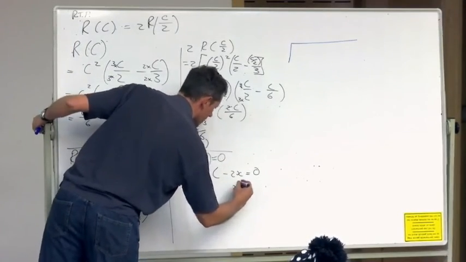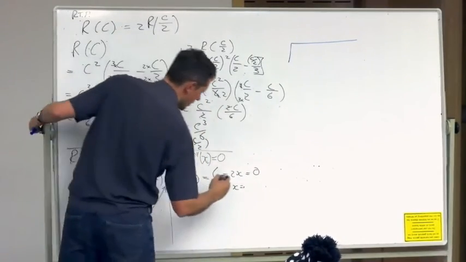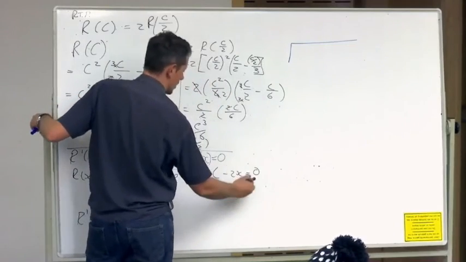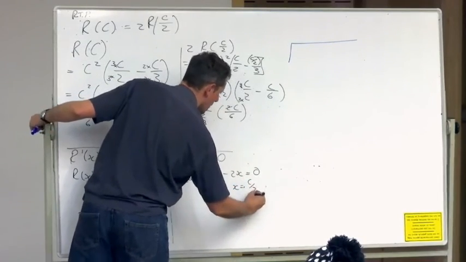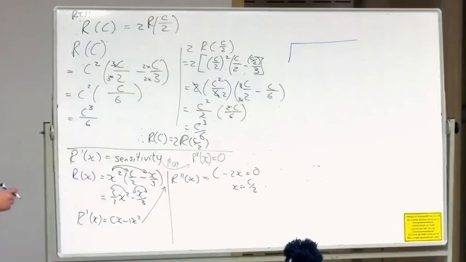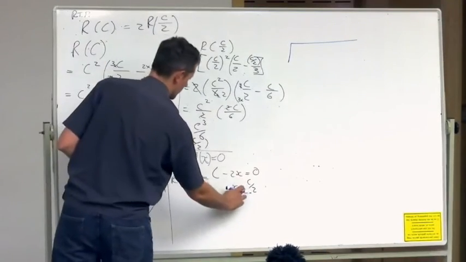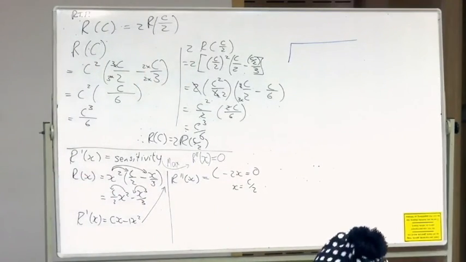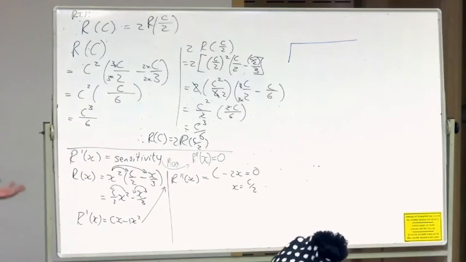So x is going to give me C over 2. Okay? And there I have my value of x, such that the sensitivity is at a maximum.